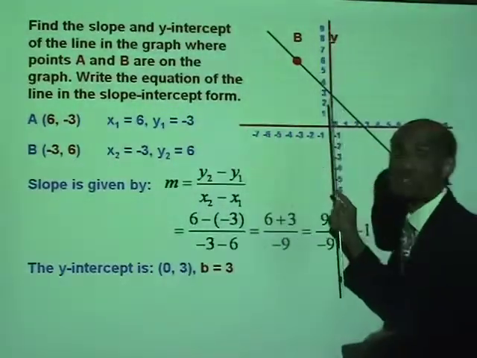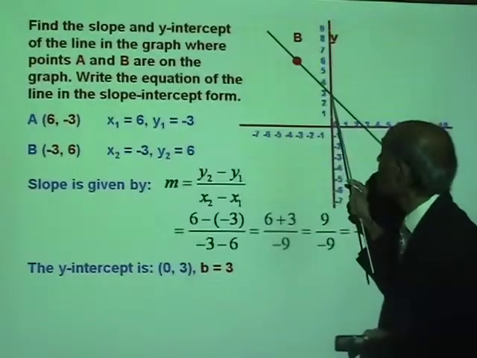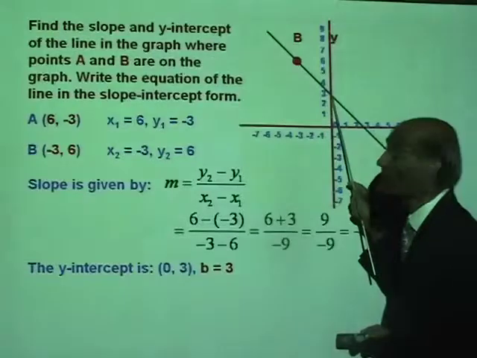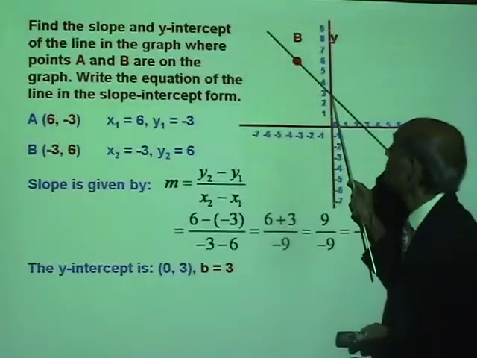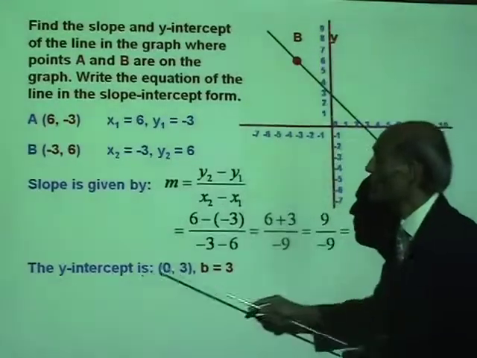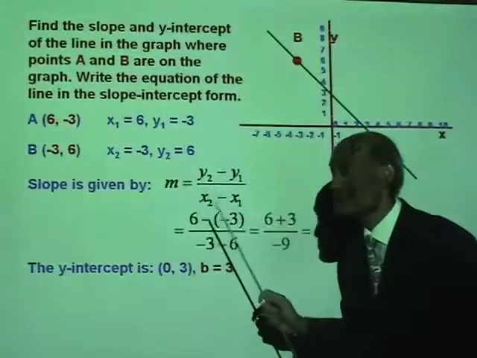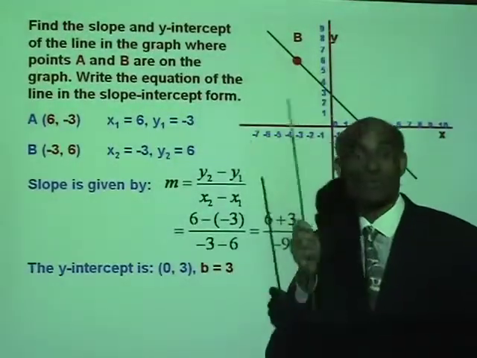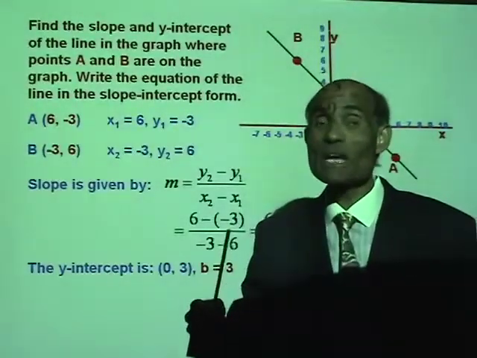Now, y-intercept is the point where the graph cuts the y-axis. Look at this point. This is the y-intercept. Now, how do we write it as an ordered pair? Its x value is 0 and y value is 3. So, the y-intercept is (0, 3), which means that the value of b equal to 3. You remember the equation? Y equal to mx plus b.